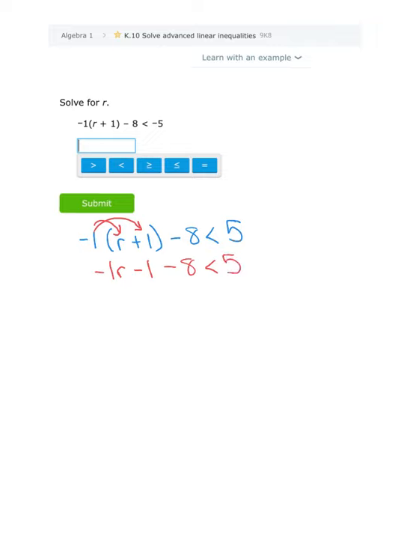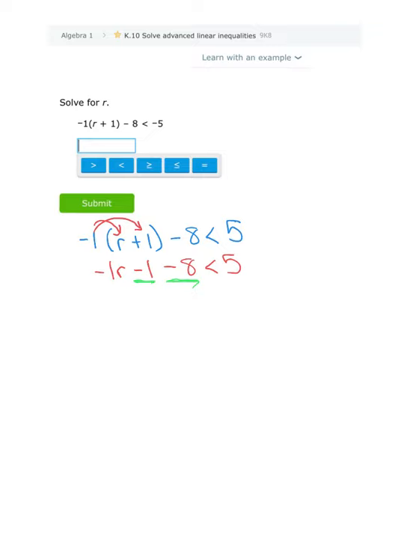Number 2 says combine like terms on the same side of the equal sign. Well, we don't have an equal sign, we have an inequality, but we're going to combine any like terms that we have on the same side. So we have this negative 1 here. Remember, like terms have the same variable to the same power. So we can't combine the negative 1r with anything because we don't have any other r's.